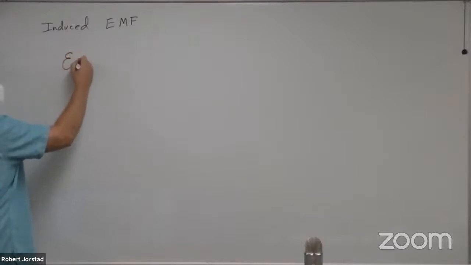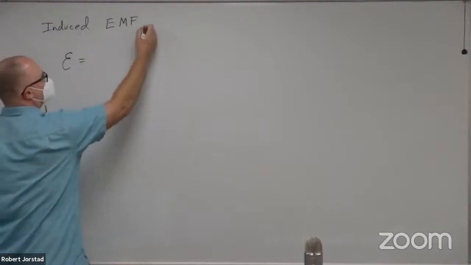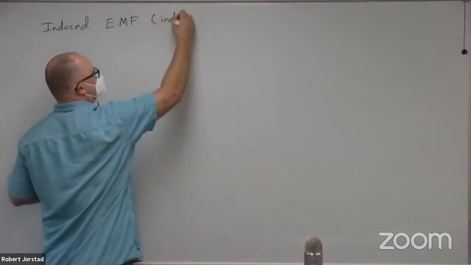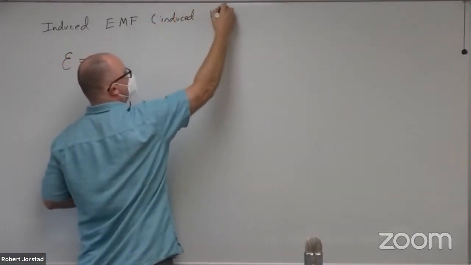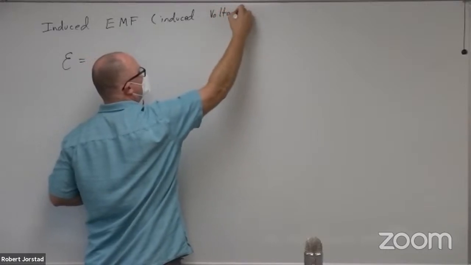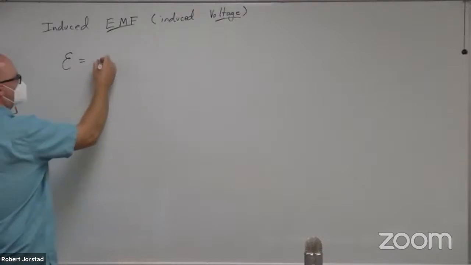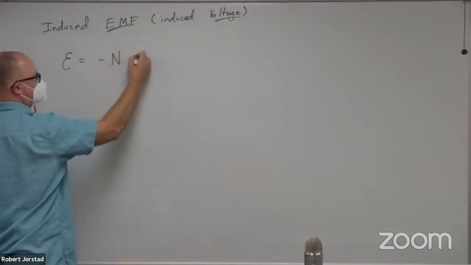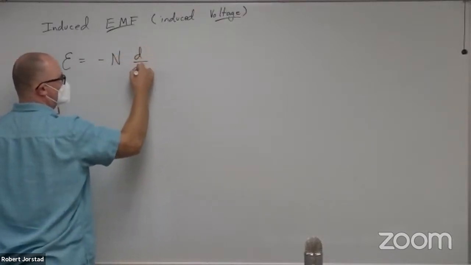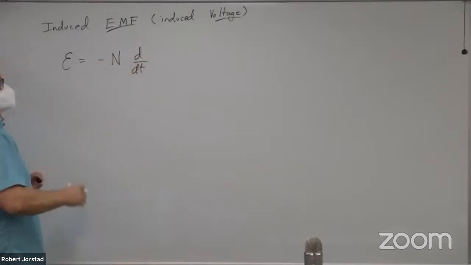The equation we discussed last time, sometimes it's called induced voltage. Induced EMF, induced voltage. The equation that we alluded to last time, it was the time derivative of what? Do you remember?